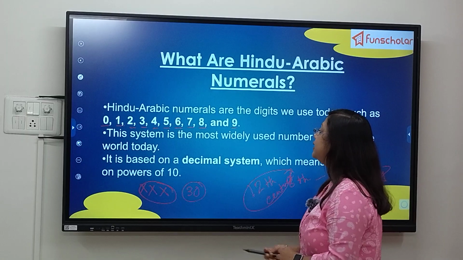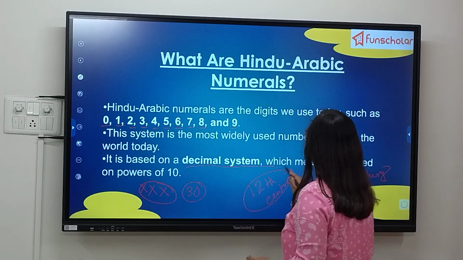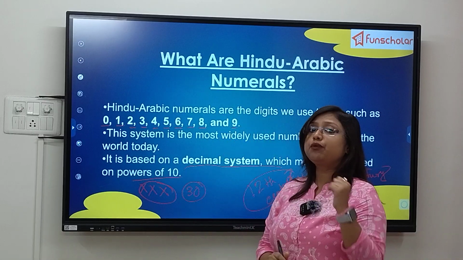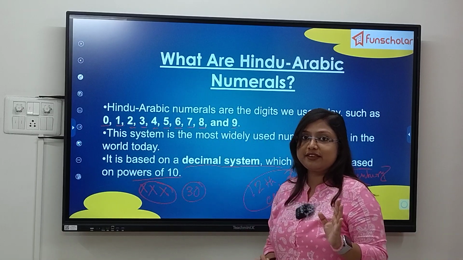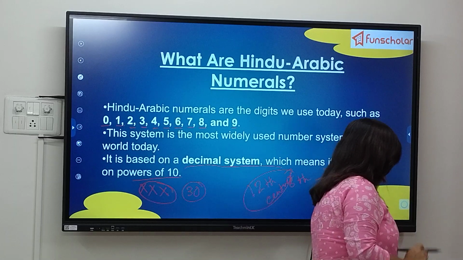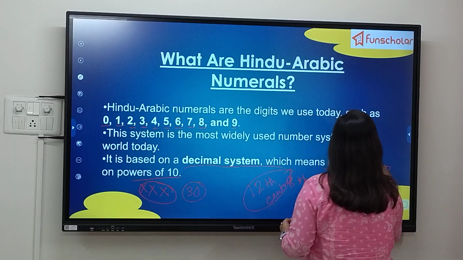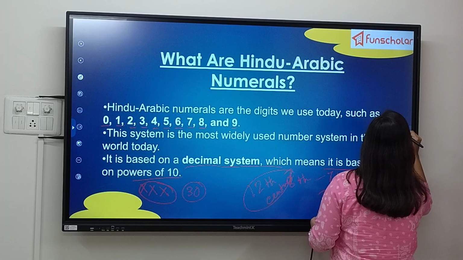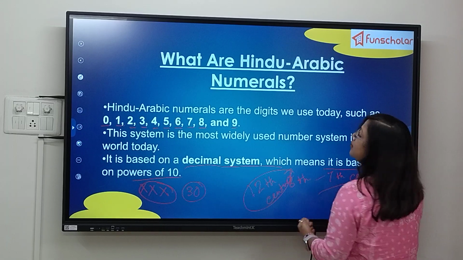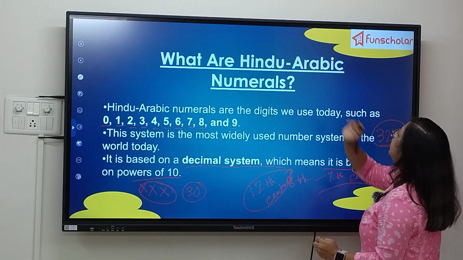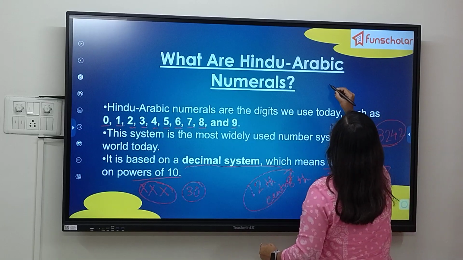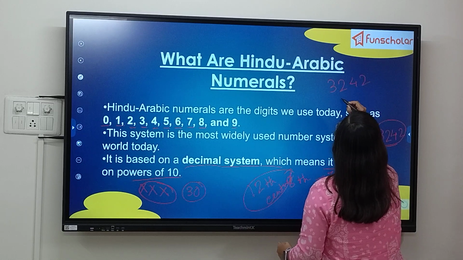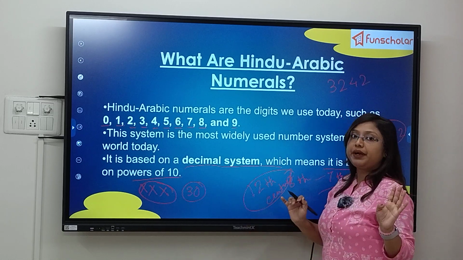Hindu-Arabic numerals are basically based on the decimal system, which means they are based on powers of 10. Now the question is, what is this decimal system? If we take some number which comes under Hindu-Arabic numerals and break it, we can break it in powers of 10.